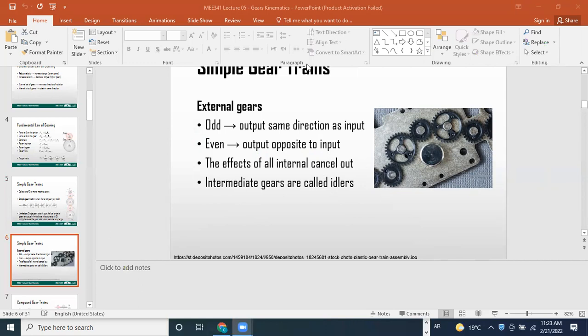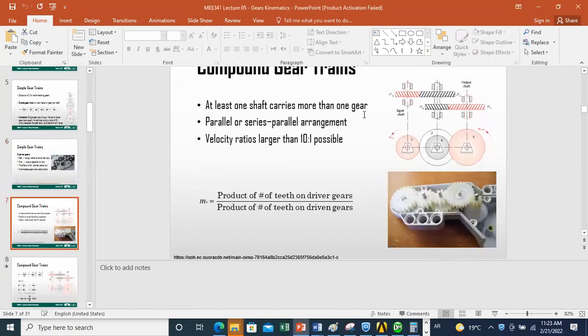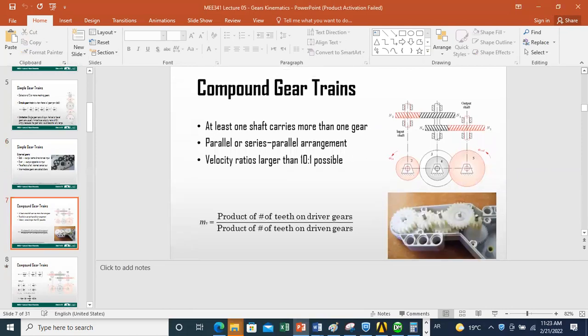So now let us see more complex trains. In simple gear trains you have one gear per shaft. However, when we talk about compound gear trains, we can have more than one gear per shaft, and in this case at least one shaft will carry more than one gear.